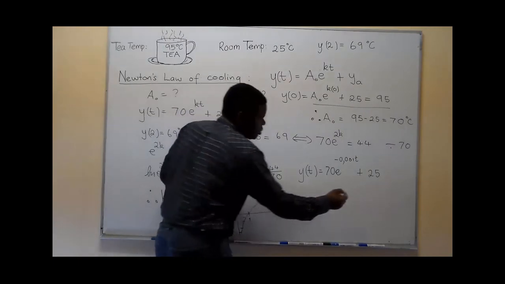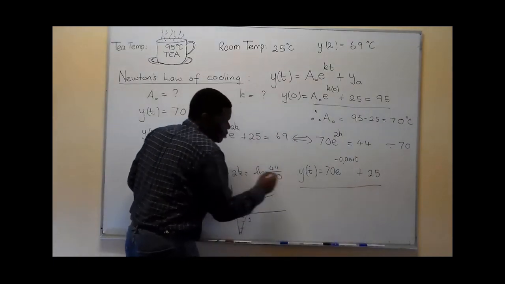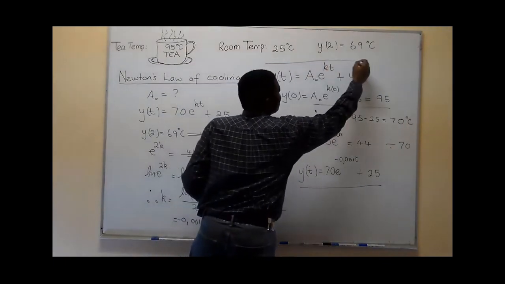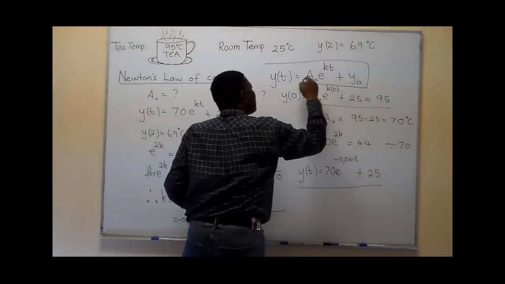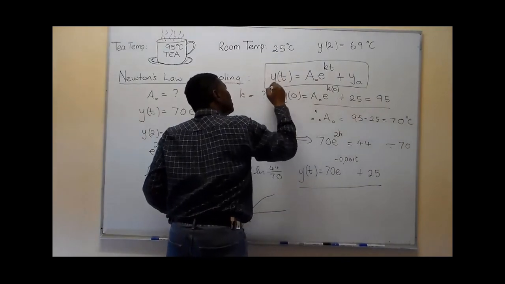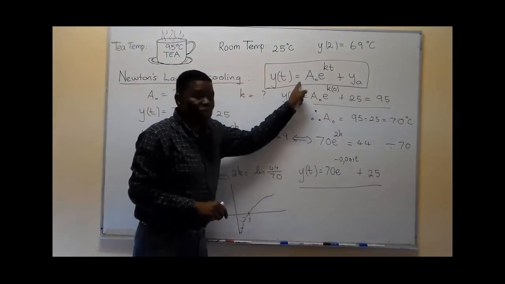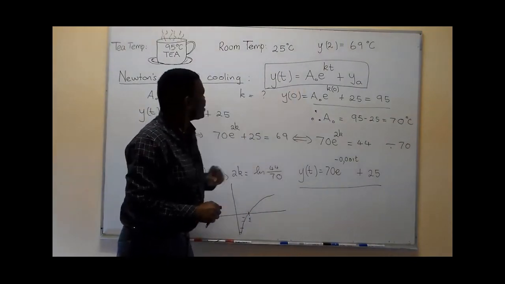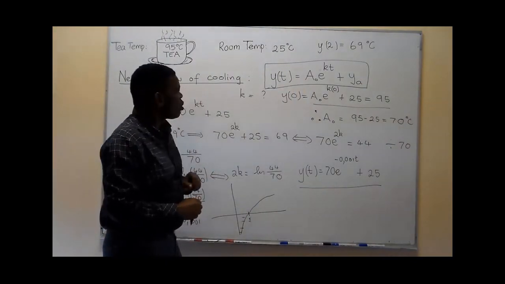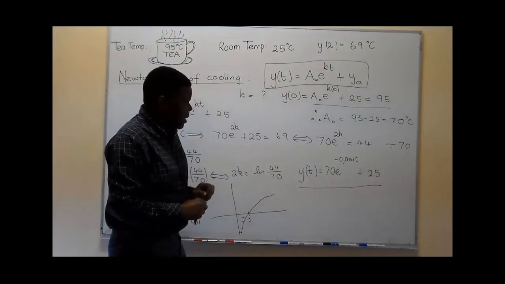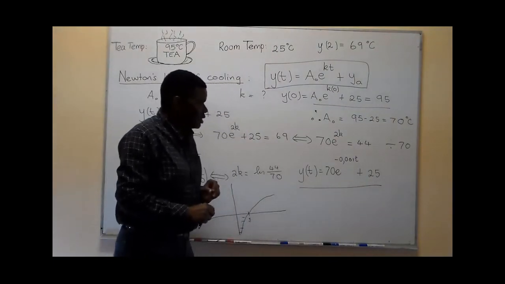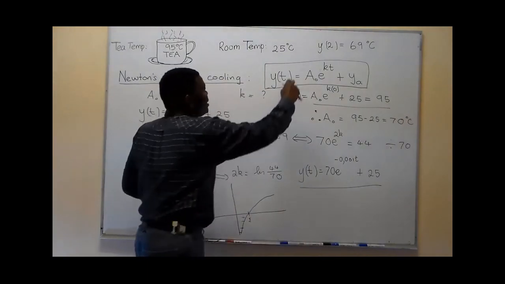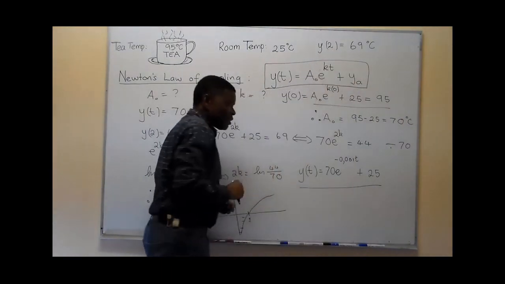So now comparing what we have here and the general model we had there, we say this is the general solution for the differential equation which arises from Newton's law of cooling. And this, what we've got here, is a function which satisfies the initial conditions which were given.